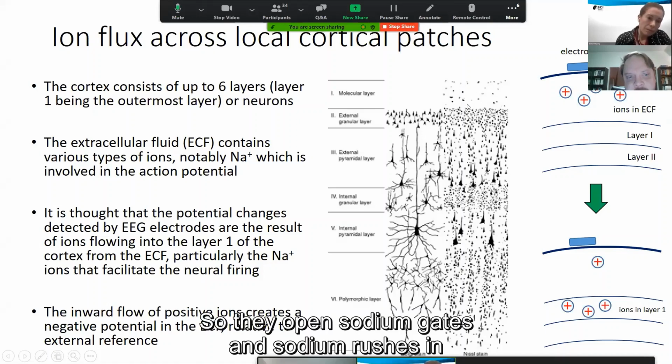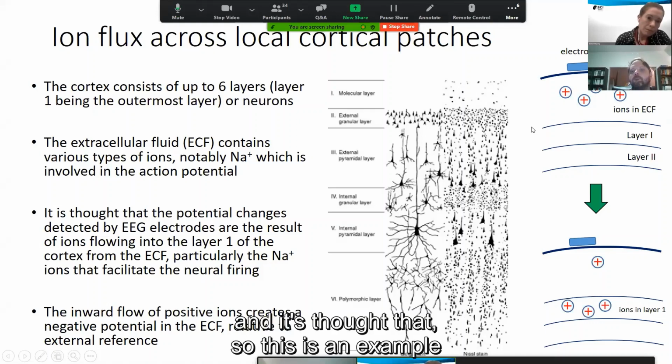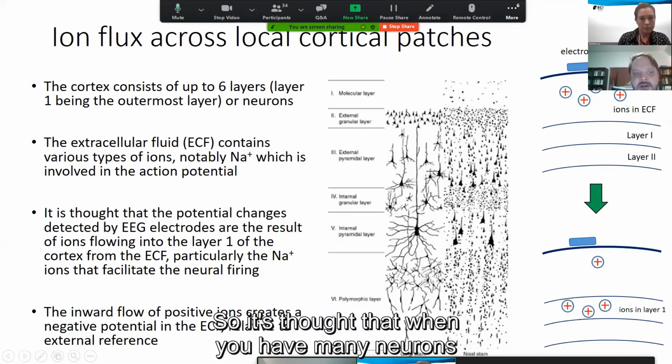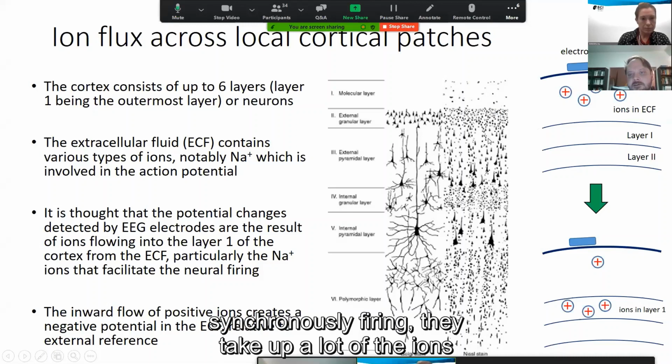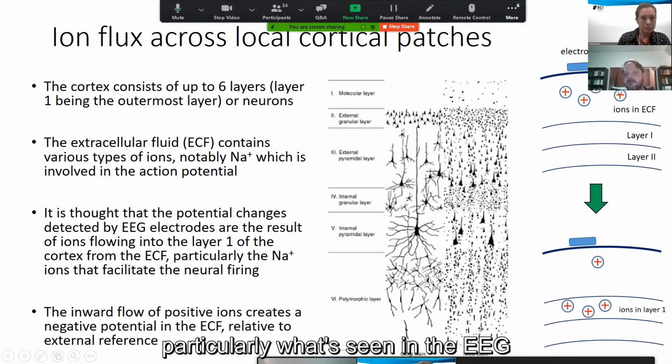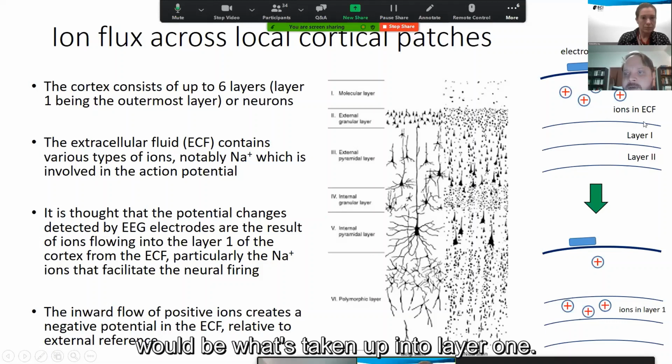So they open sodium gates and sodium rushes in. So this is an example of ions moving during activity. It's thought that when you have many neurons synchronously firing, they take up a lot of the ions in the extracellular fluid, particularly what's seen in EEG would be what's taken up into layer 1.